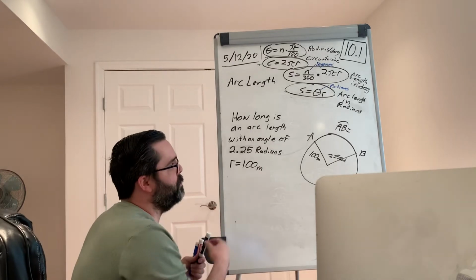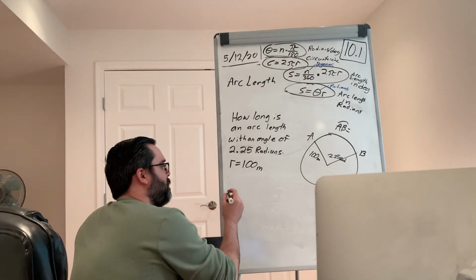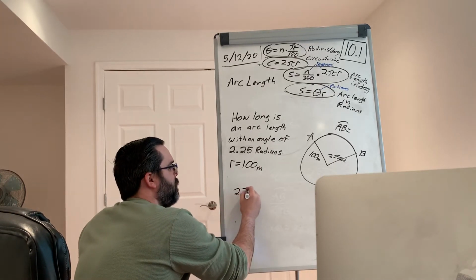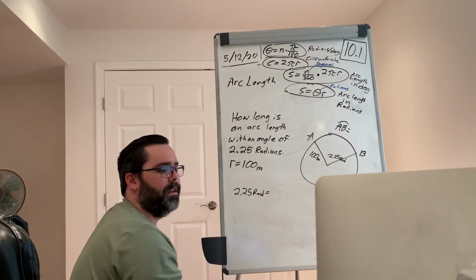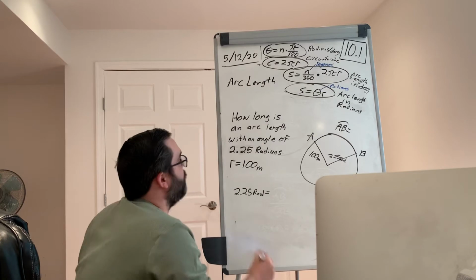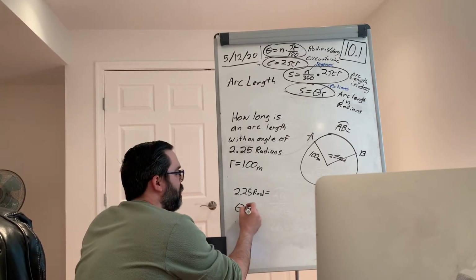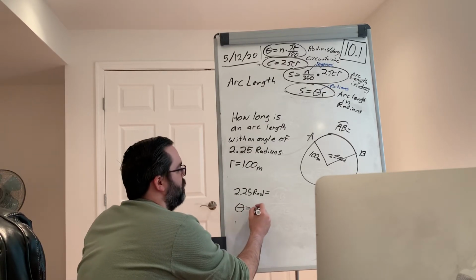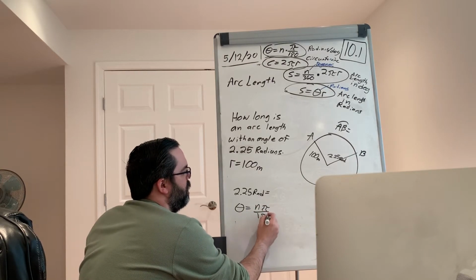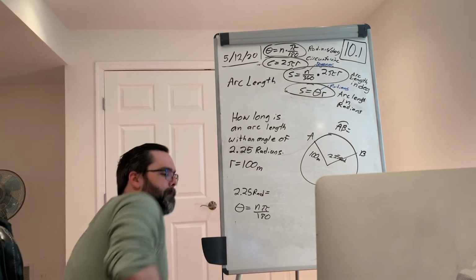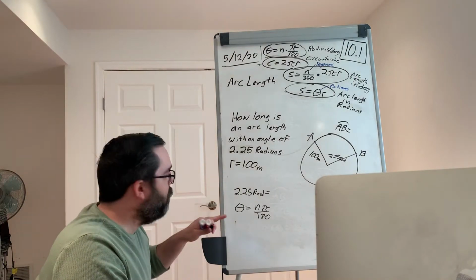First, I have to convert 2.25 radians into degrees. I'm going to use this formula up here. What is theta?